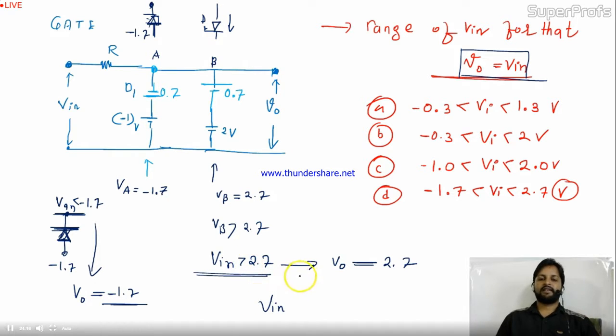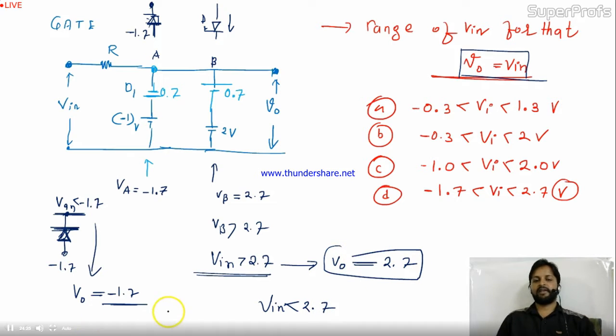When Vin is less than minus 1.7, the diode is working and the output is minus 1.7.